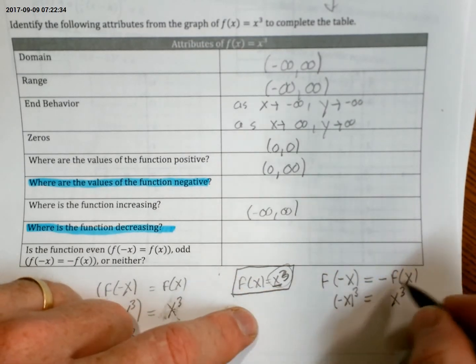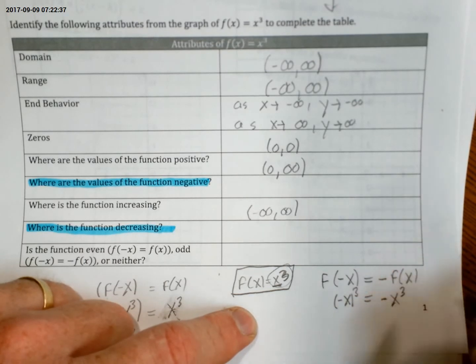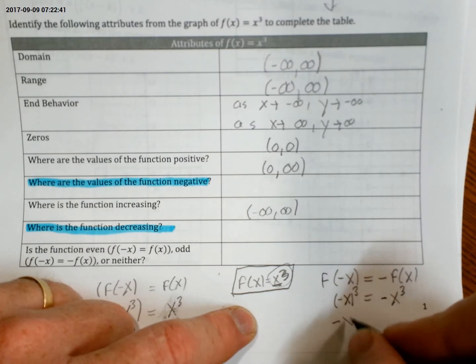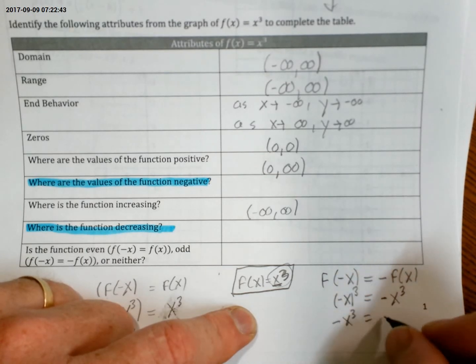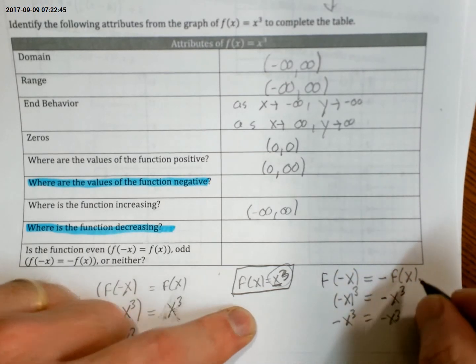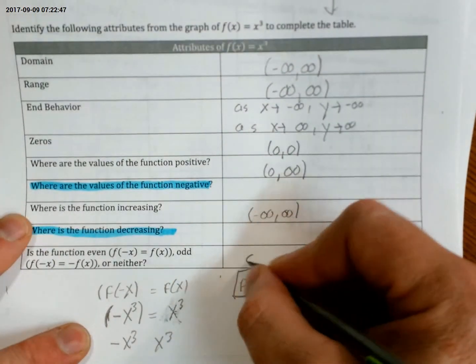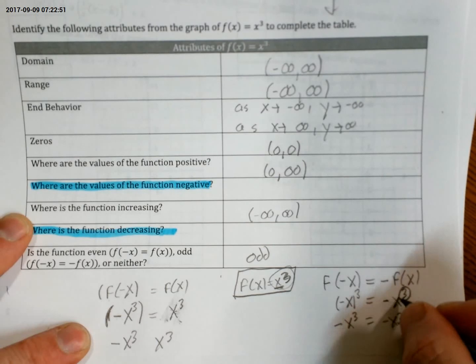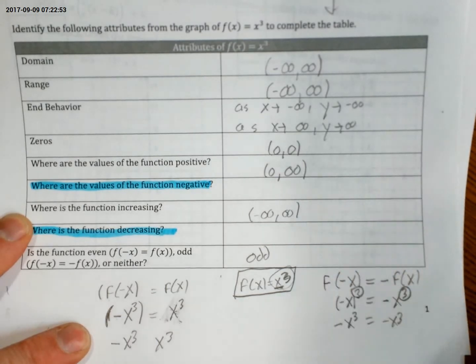There's my output, and now I make that output the opposite. And in this case, negative x cubed is exactly the same as negative x cubed. And we're seeing something we kind of know. It's an odd function. And remember, when we were talking about odd functions, they generally have an odd number as an exponent. And there it is. That's the end of the first movie.